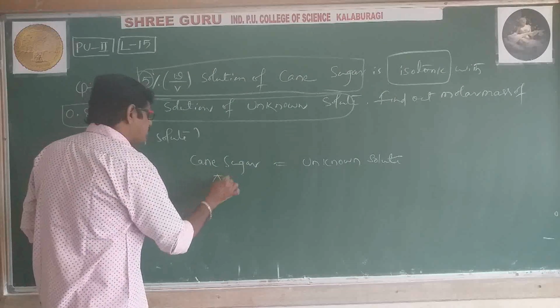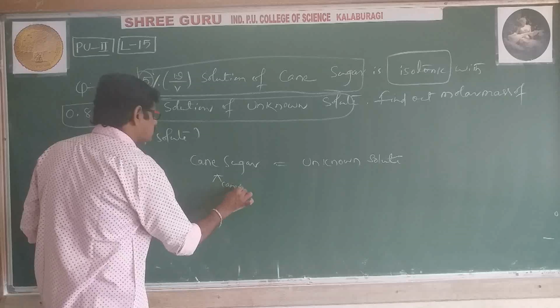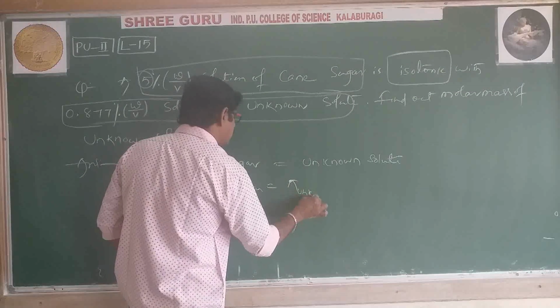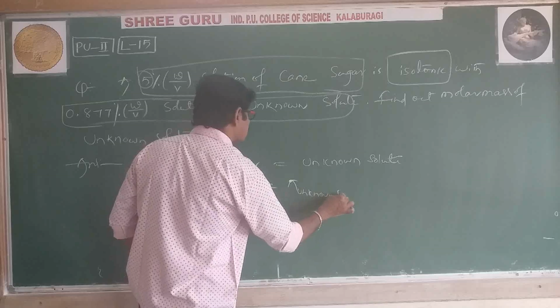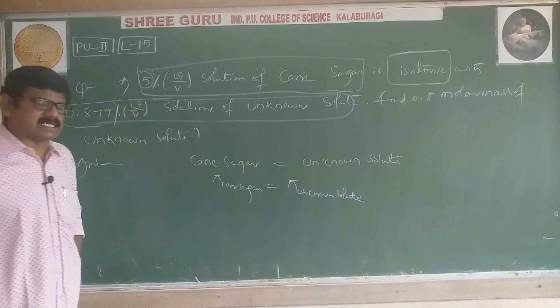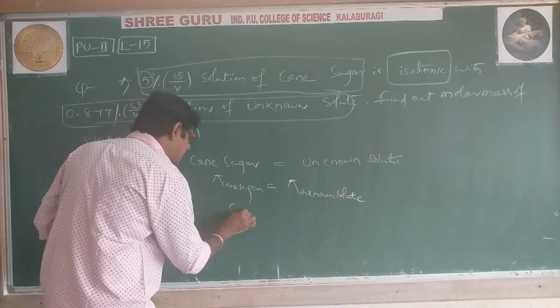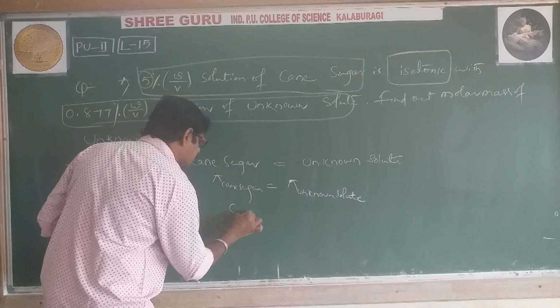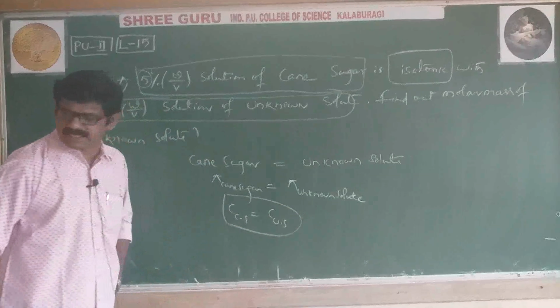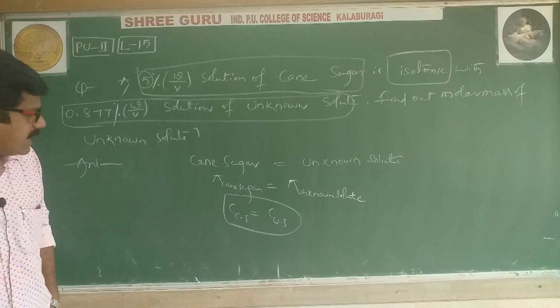Therefore, the osmotic pressure of cane sugar is equal to the osmotic pressure of the unknown solute. This he has given in the question only. Then if osmotic pressures are same, automatically concentrations are also the same. That's what I am doing now.